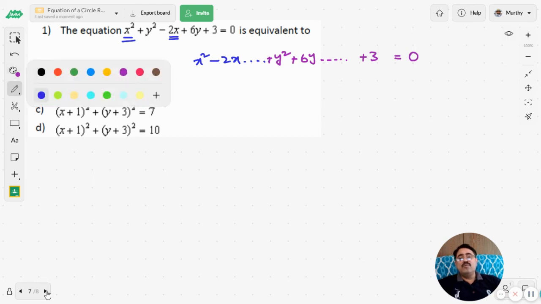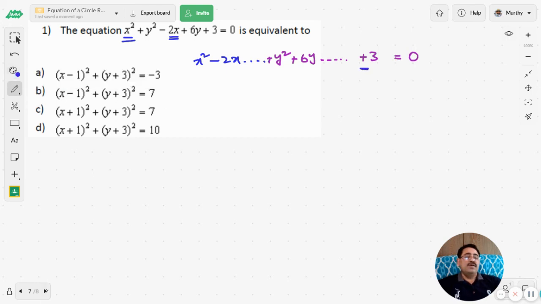The first and foremost thing is you cancel out the constant value on the left hand side. You should get negative 3 here.